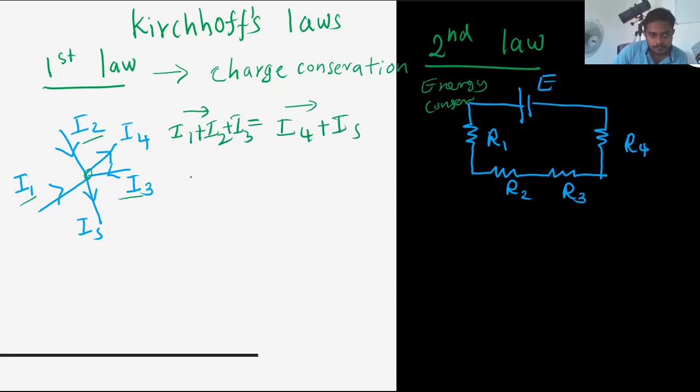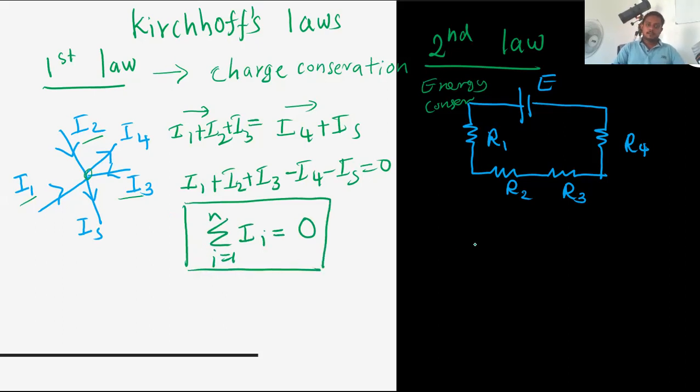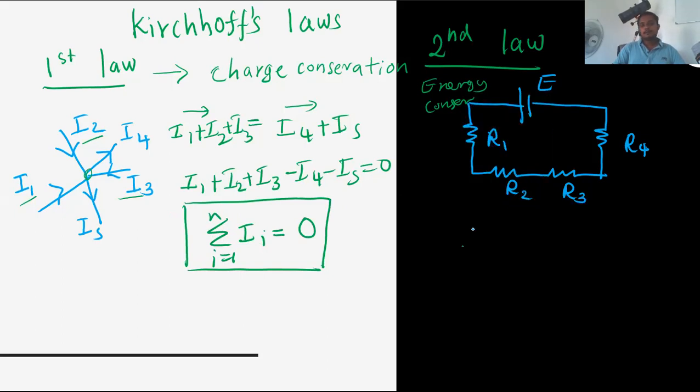I can take these to this side, then I get I1 plus I2 plus I3 minus I4 minus I5 equal to 0. In another manner, sigma I from 1 to n. Here I have only 5, but for a general equation, this is equal to 0. This is what we can say about Kirchhoff's first law.